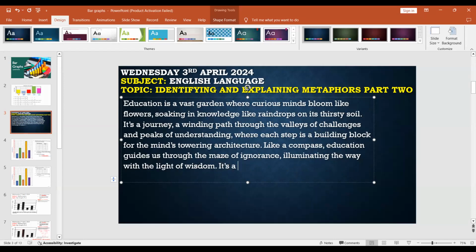It's a treasure chest unlocking doors to new worlds and possibilities with each key of learning.